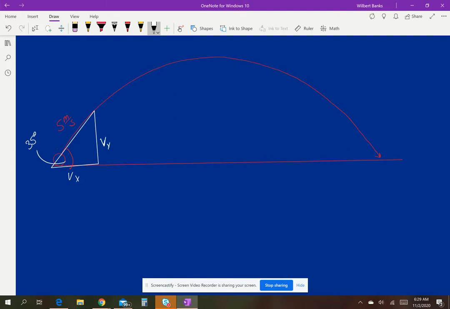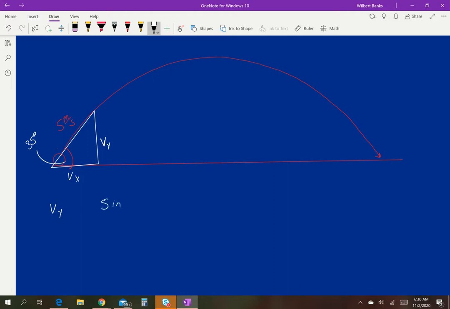All right. So to figure out Vx, let's do our Vy first. Vy, okay, that's going to be the sine property. So I'm going to go sine 35 degrees equals Vy over 5 meters per second.